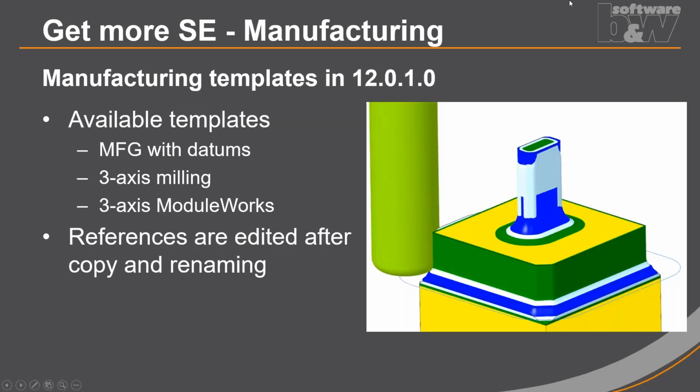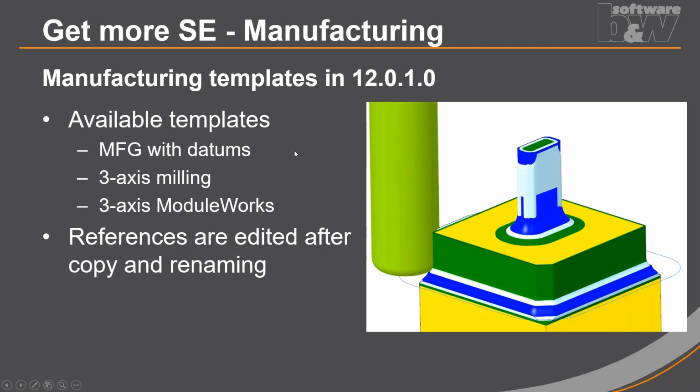Let's go to the next topic, using manufacturing templates for Creo NC. So in collaboration with a partner, we created 3 new manufacturing templates. These will be released with 12.01. And we have one basic template.